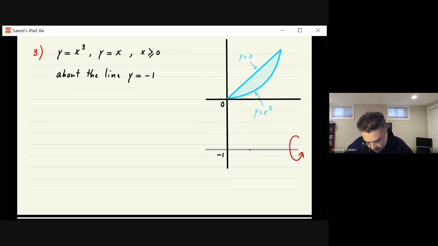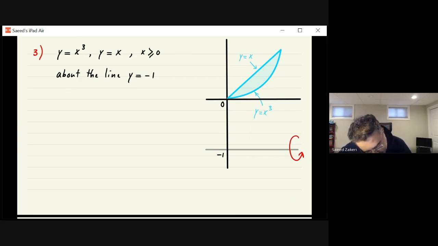So when you move your axis of rotation to this line, y equals -1, your outer radius of the section of that washer will be x plus 1. You have to add 1 to it. And your inner radius has to be x cubed plus 1. So you have to add 1 to both radii.